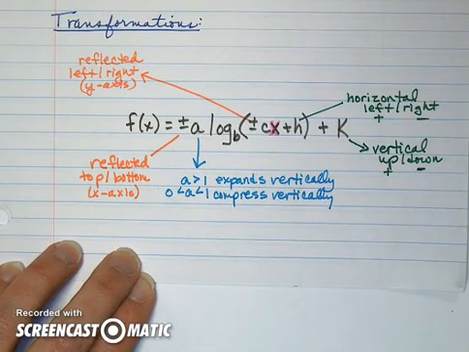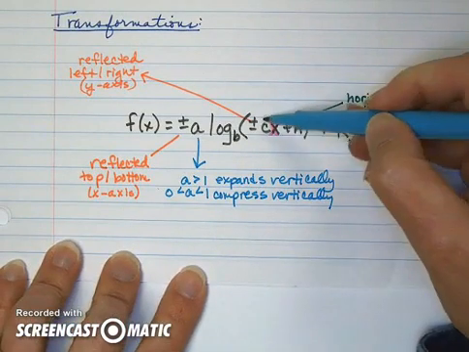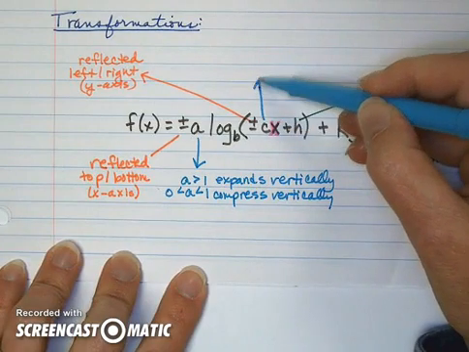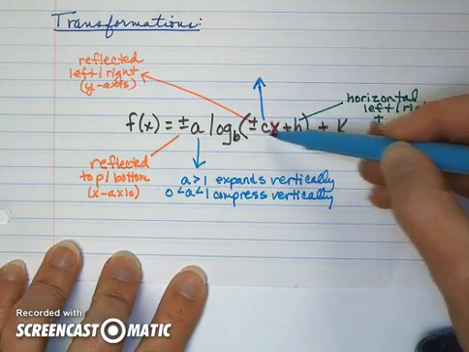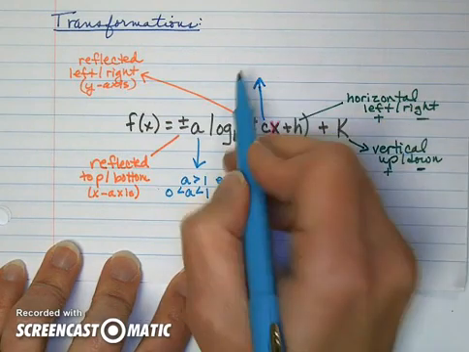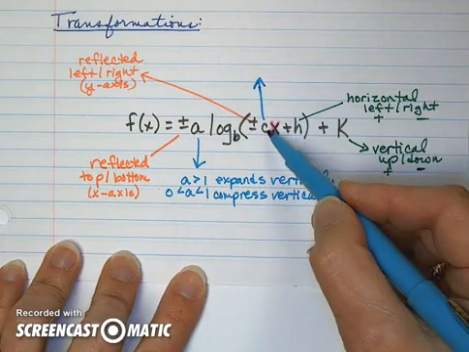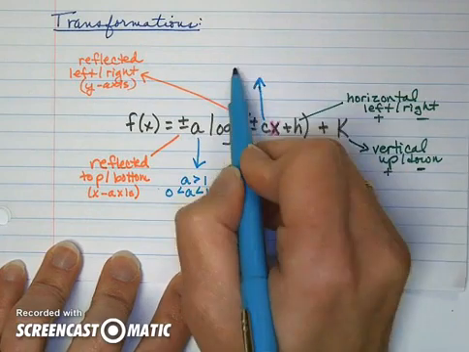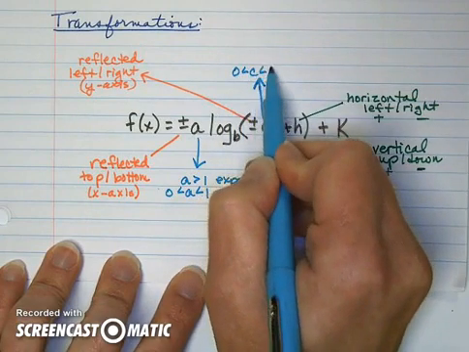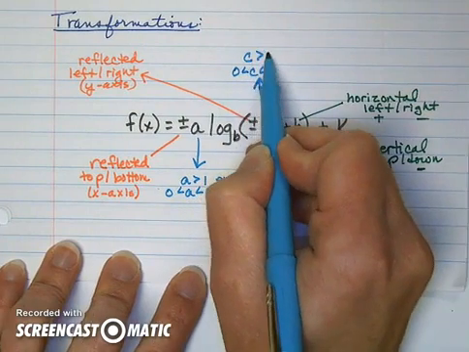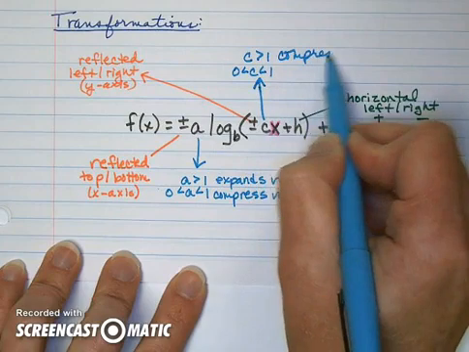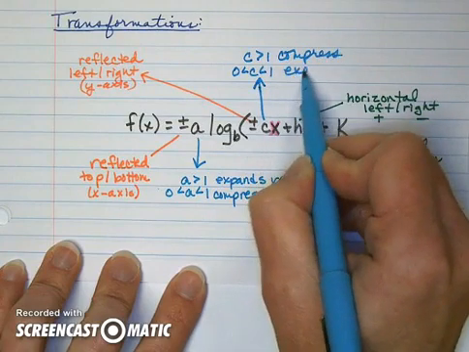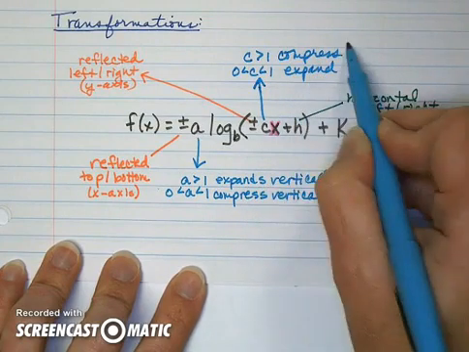Remember the c, if it's a coefficient right inside with the x in the parentheses, then it's compressing and expanding it horizontally. We're going to write that out. And this would be compressing. Remember, this is flipped from the vertical one. And expand horizontally.